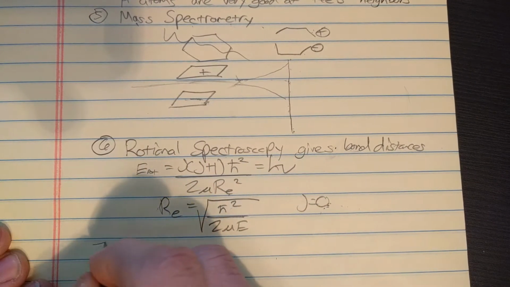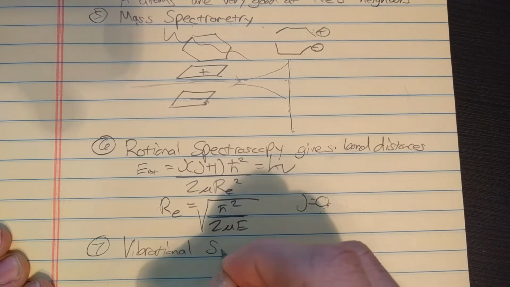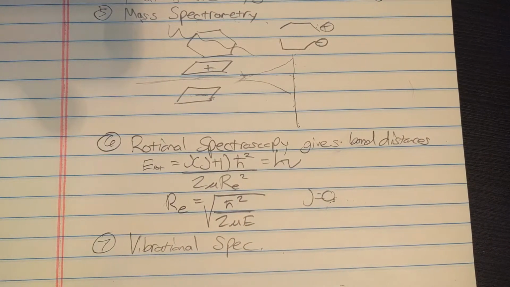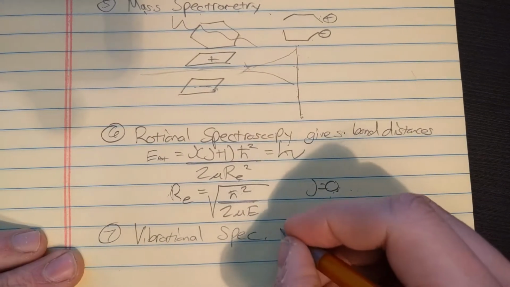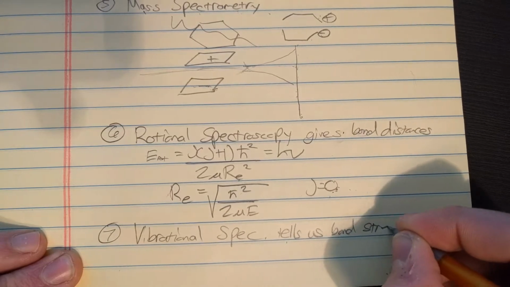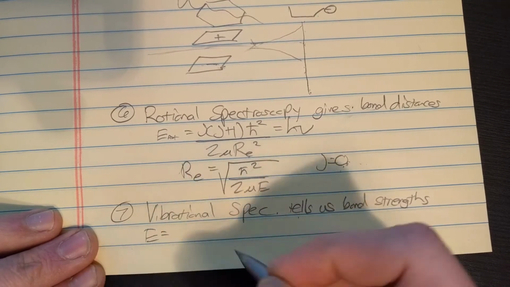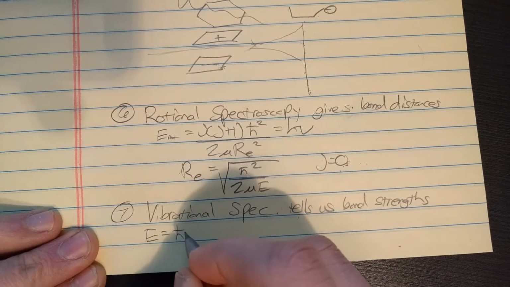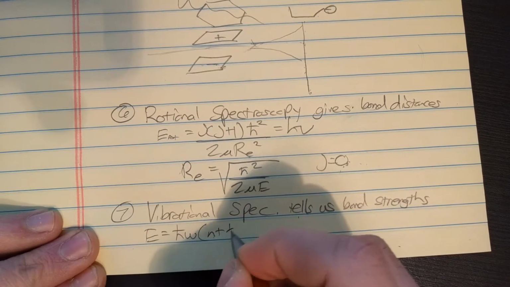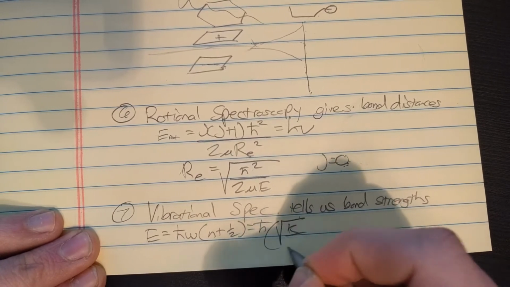Now, vibrational spectroscopy tells us the strength of bonds. And in a previous video I said the energy is equal to h bar omega times some integer plus a half, and this omega equals the square root of k over mu.